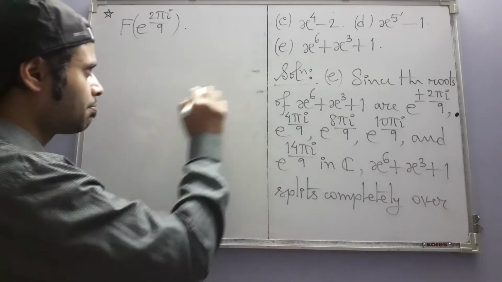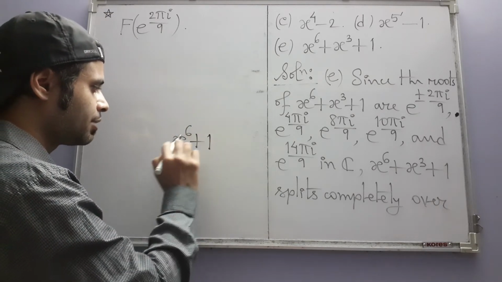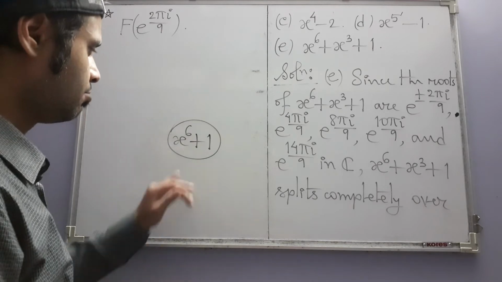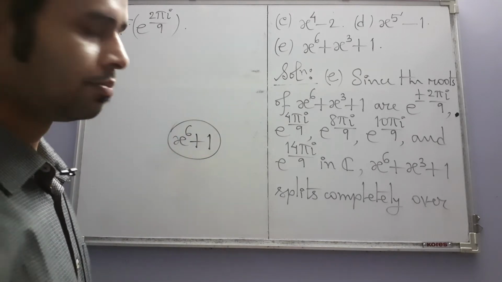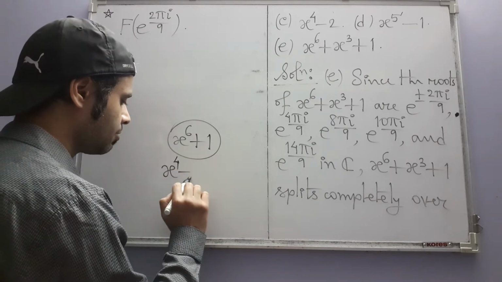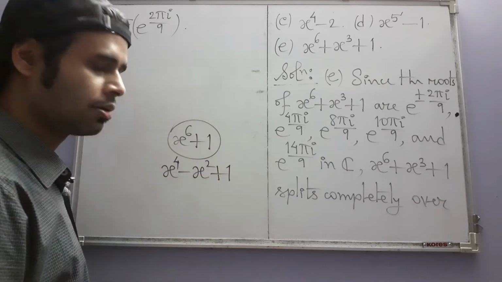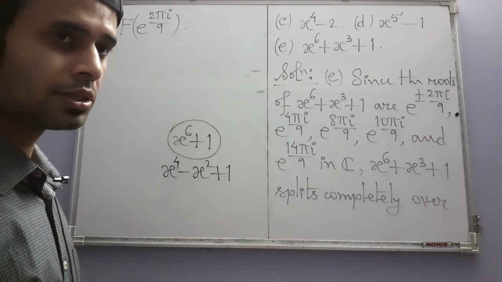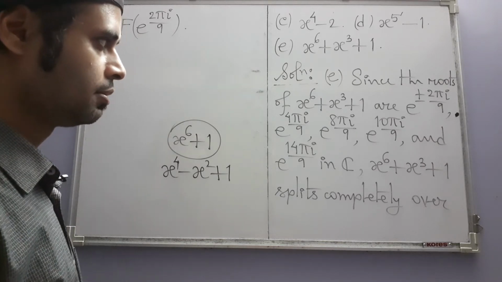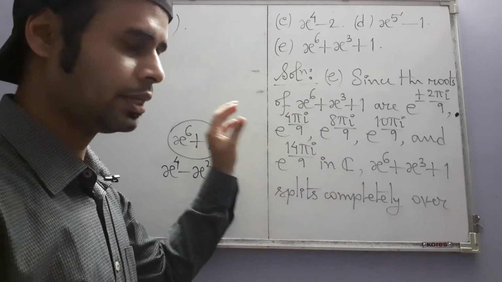For example, in part B, although beta satisfied this, this itself is not minimal. We had to somehow figure out that beta also satisfies this lower degree rational polynomial. Now all these things have to be done. So behind all these solutions to each part, there is a lot of work.